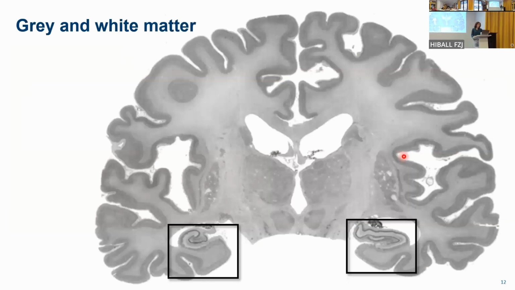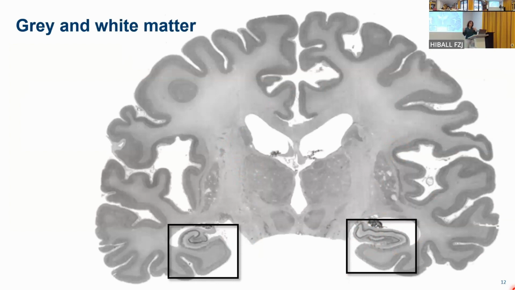Now, in a human brain, I mentioned earlier on that the hippocampus is located on the medial surface of the temporal lobe. So here we've got a coronal section through a human brain, which has been stained for cell bodies. And I've highlighted the hippocampus on each hemisphere with these black squares.